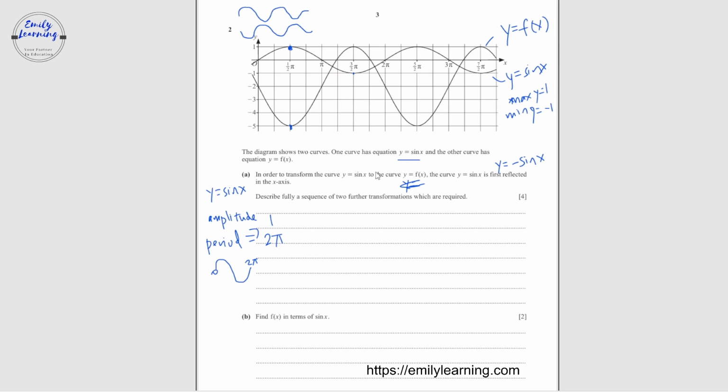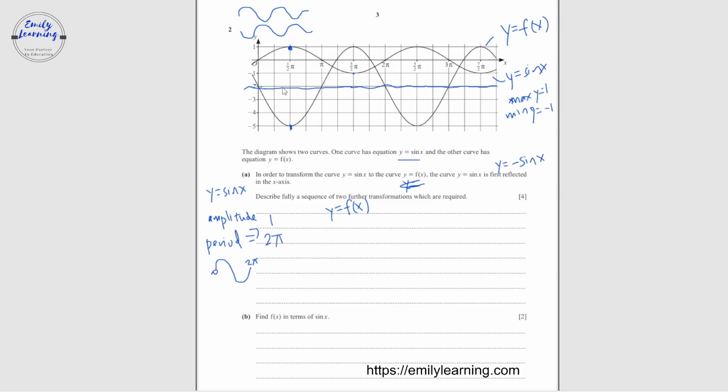Now, for y equals f(x), what do we notice? Well, you notice that this is where the center is, right? It's like the equilibrium line.